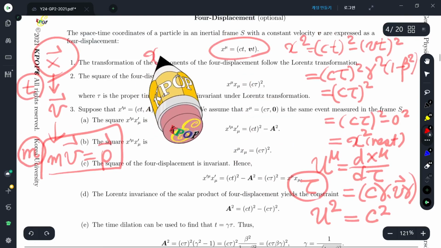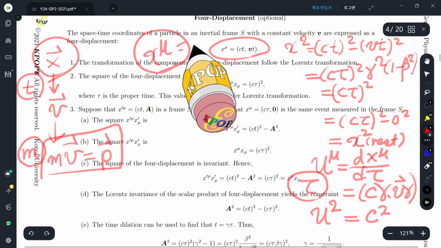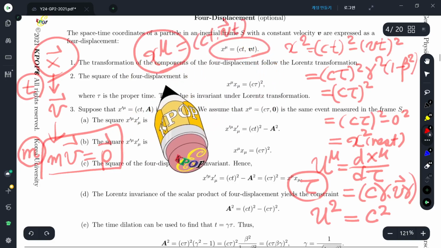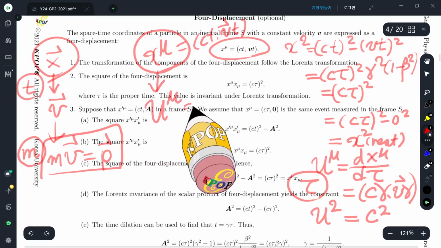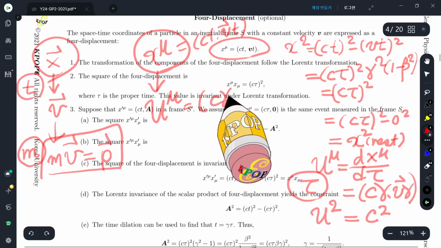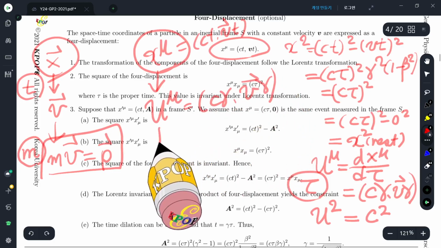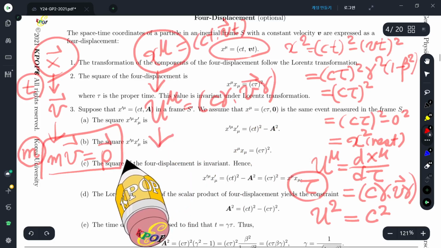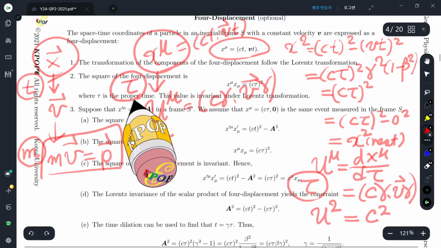Our next step: we have obtained x mu for displacement, that is c t, v t in general. We now have obtained the u mu, that is c gamma, v gamma. Now, next step is to multiply the load here, divided by proper time.